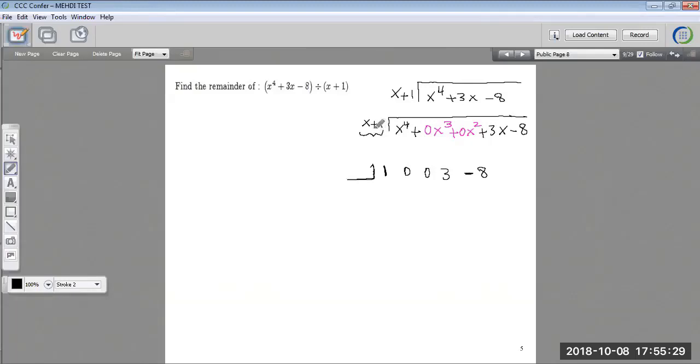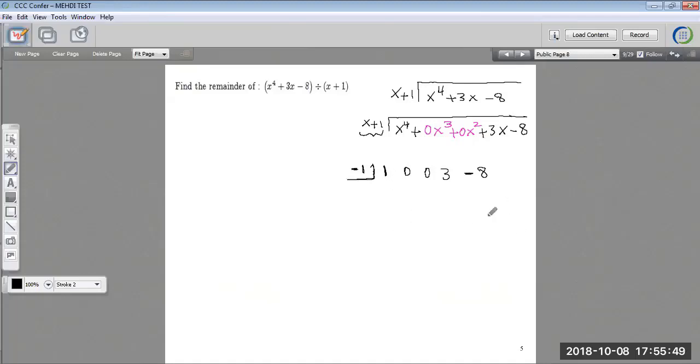Here it is really x minus 1. Your k is minus 1 if you recall. So you can remember that it would always be the opposite of this. So if this were x minus 1, then this would be plus 1. All right. So if I perform this synthetic division, then I can find the remainder also.